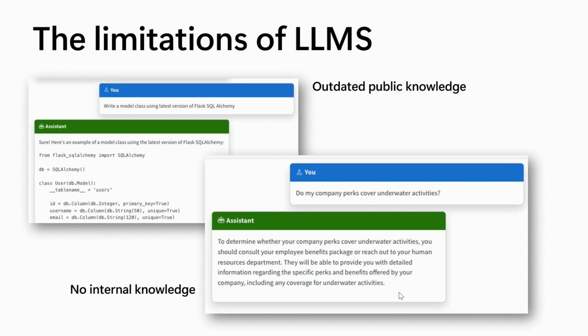So if you ask for information about something that happened today or yesterday, it is very difficult to get that from the LLM, because the LLM was trained with a data set that might be several months or a year old.